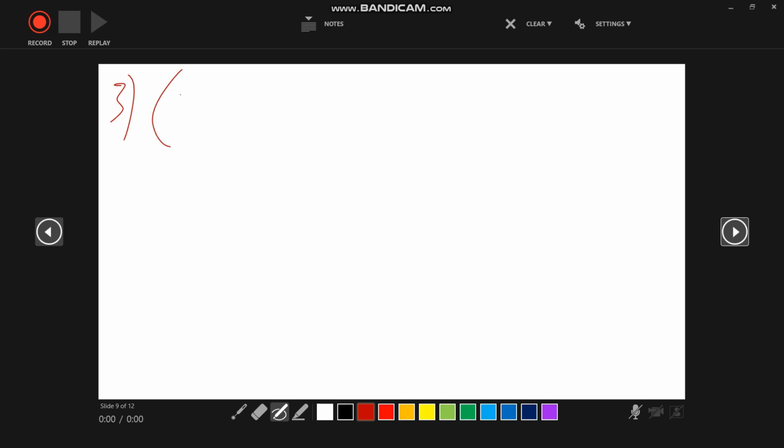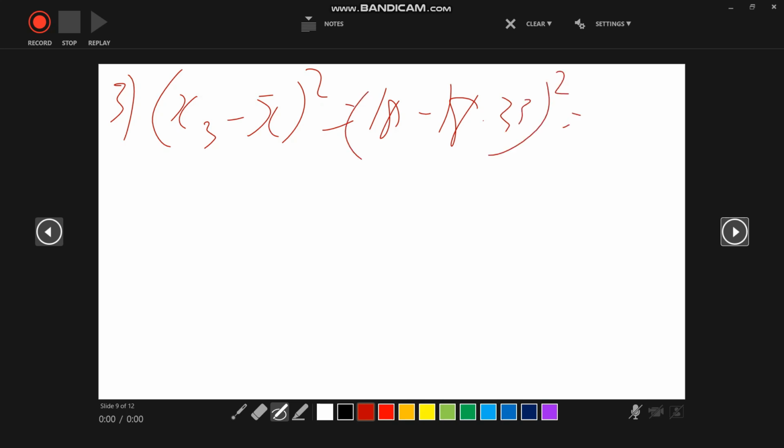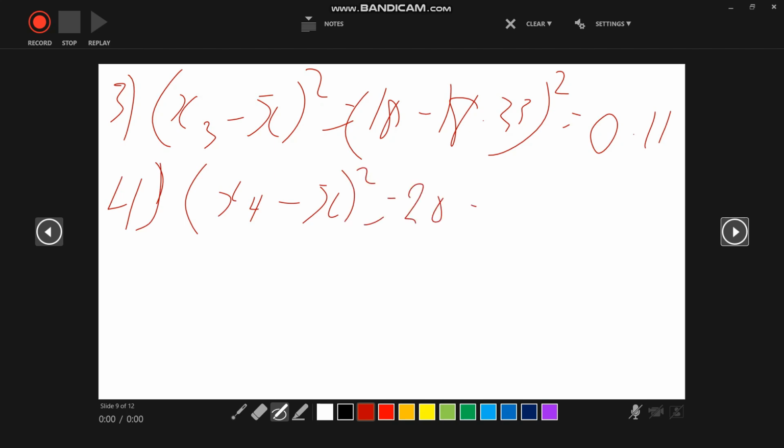For the third one, it will be x3 minus x bar squared. Our x3 is 18, so this will be 18 minus 18.33, squared, and this will give us 0.11. Then the fourth one is x4 minus x bar squared, and our x4 is 20. So this will be 20 minus 18.33.